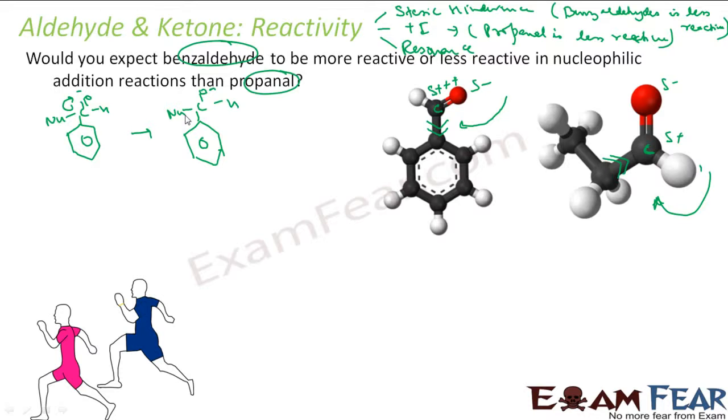This is what you get. Correct. Now check if this is stabilized, is this stable due to resonance? We will not be able to draw a resonating structure here, because if you want to form a bond, you have to break something. So a resonating structure is not possible for the product.